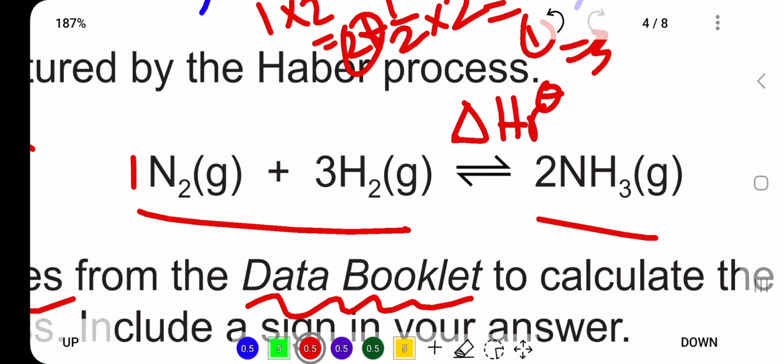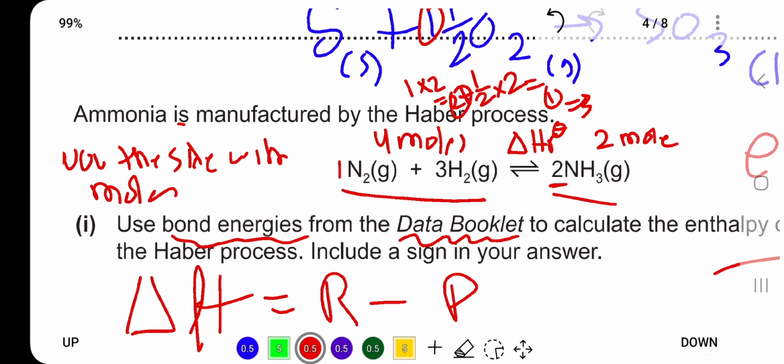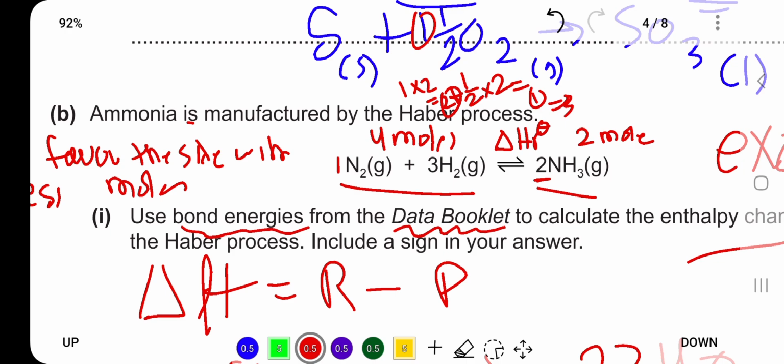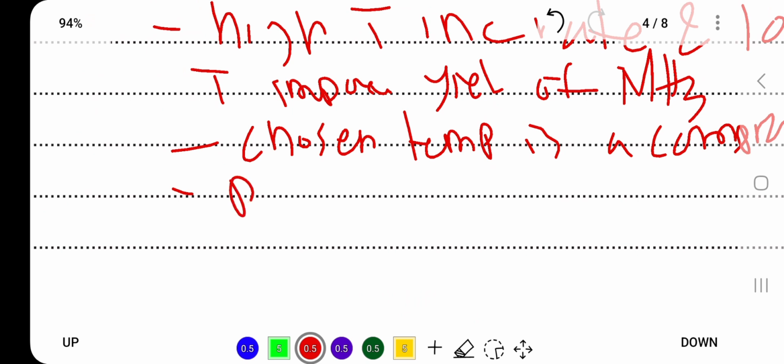Here you have 1 plus 3, so 4 moles on the reactant side, and 2 moles on the product side. So here they said high pressure favors.